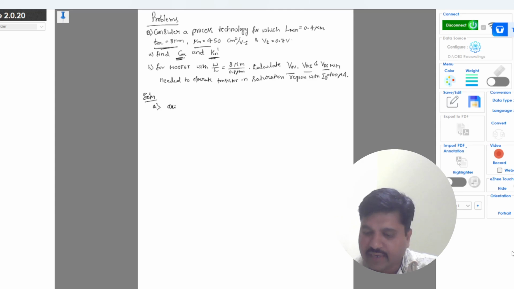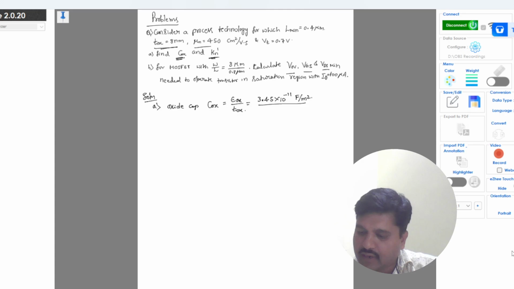So the oxide capacitance COX is given by epsilon OX by TOX, oxide thickness. Here the epsilon OX is 3.45 into 10 power minus 11 farad per meter, and the oxide thickness has been given as 8 into 10 power minus 9 meter.